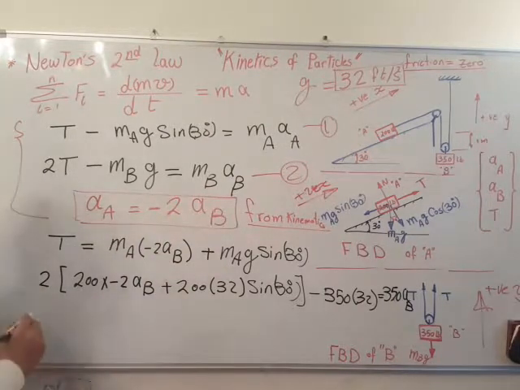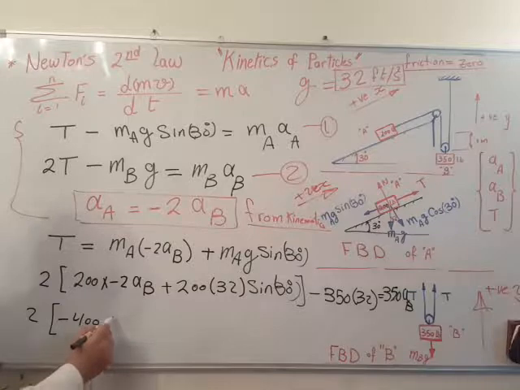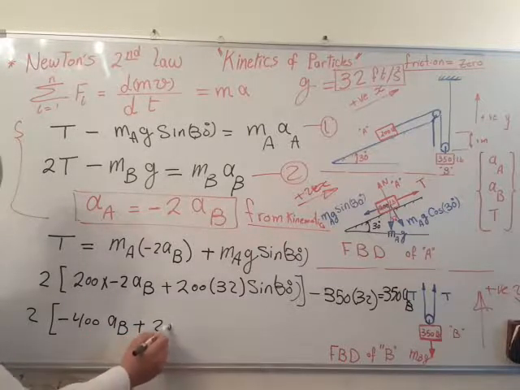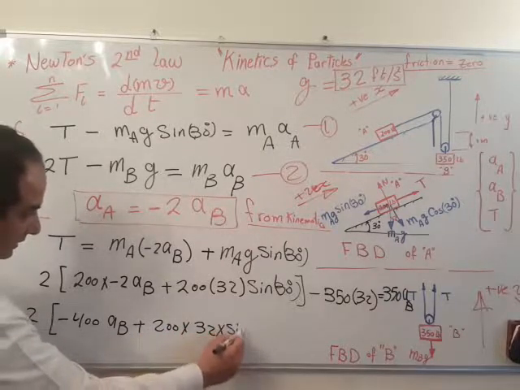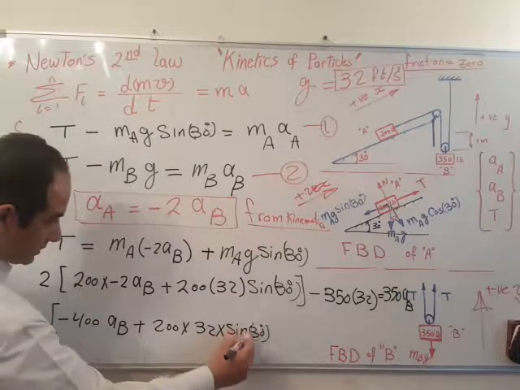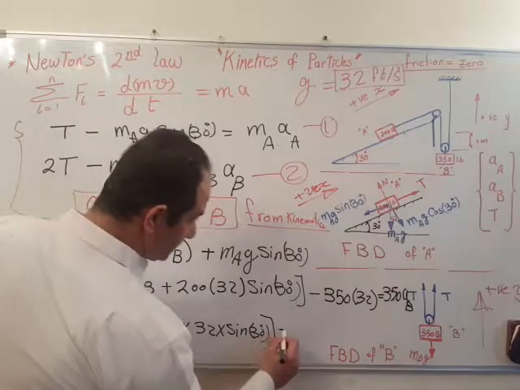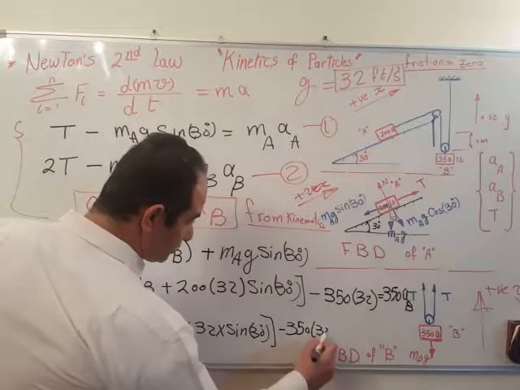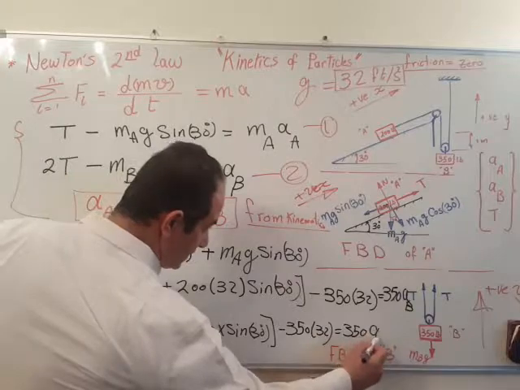Rearrange the equation to parentheses minus 400 AB plus 200 times 32 times sine 30 degrees, close the parentheses, minus 350 times 32 equal to 350 AB.